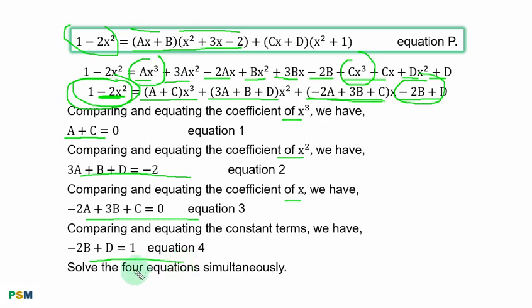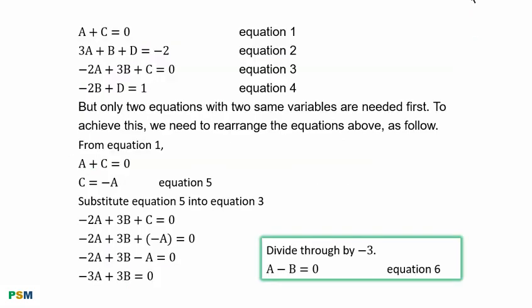Next, you solve the 4 equations simultaneously, but you try to arrange them so that you have 2 equations with the same variables. Let us see the arrangement pattern. The solution continues.